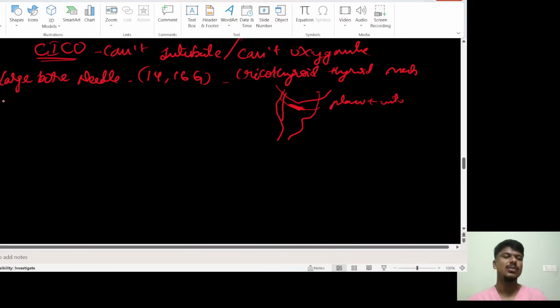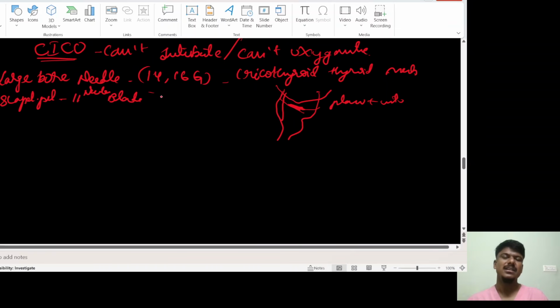Or else, nowadays front of neck access kits, needle cricothyroidotomy kits, are available. You can use that. Or else I'm going to take a scalpel, an 11 number blade, and cut horizontally into the cricothyroid membrane.